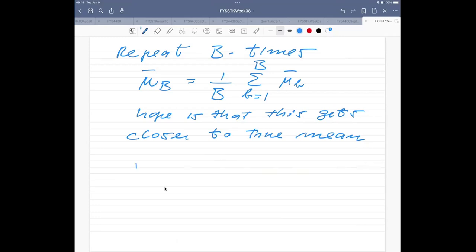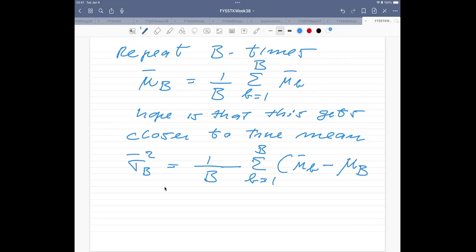So we would have sigma B squared, which is given by 1 divided by B. It's pretty common to have a B minus 1 because these are no longer independent of each other, but I'm just going to leave that out. And then I have my mu of B minus this quantity mu of B, which we calculated here, squared.